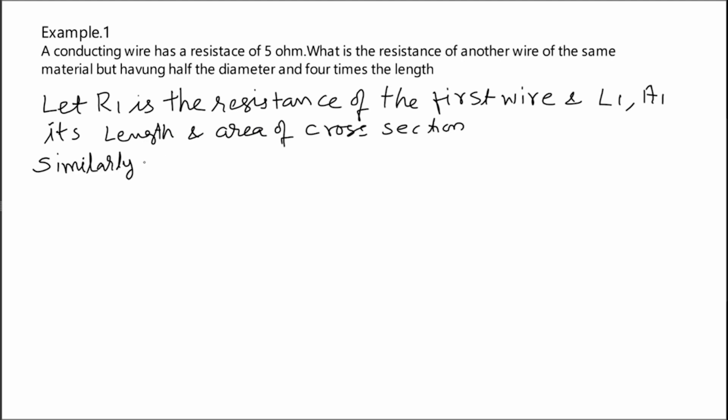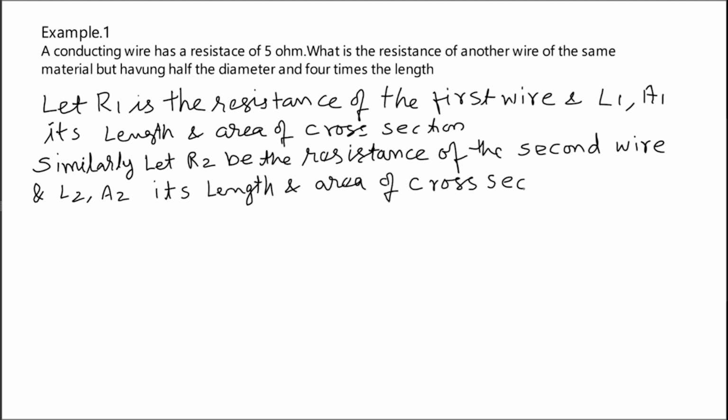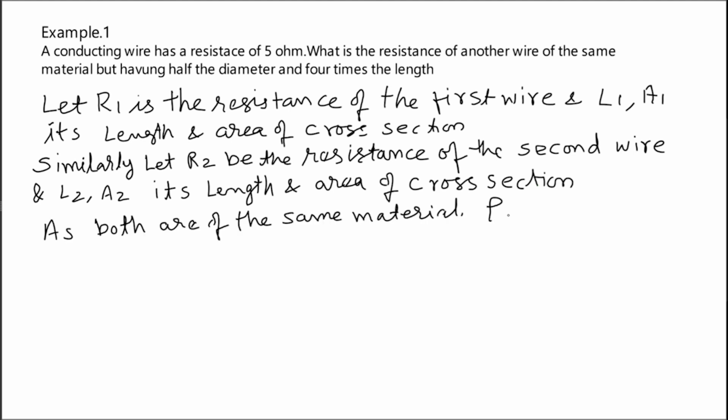Similarly, let R2 be the resistance of the second wire and L2, A2 its length and area of cross section. As both are of the same material, rho is same for both.